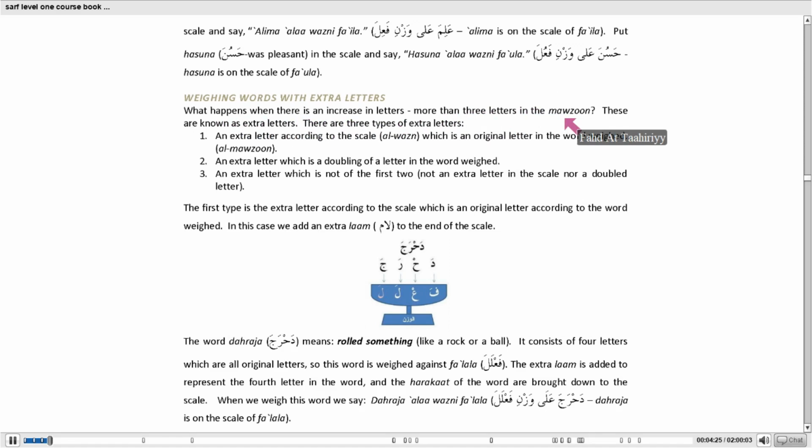Good. It's the word weighed. And what is the scale itself called? The scale itself is called wazn. So whatever is more than 3 letters in the mawzun, these are known as extra letters.